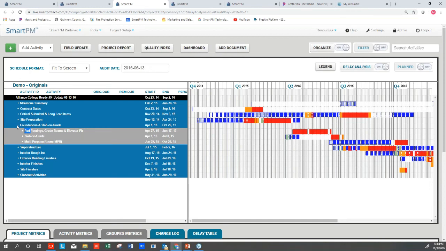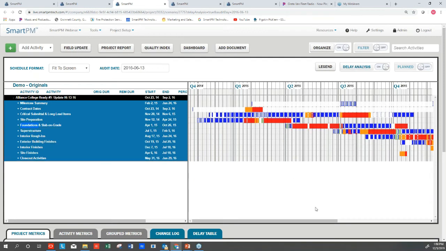And then that's going to tell me a little bit about this job. And me being a person who's studied or been a part of construction can have a gut intuition as to whether or not this data is telling me something that I believe is accurate or not. But really what we see is that the first part of the critical path was through site prep, which is typical.